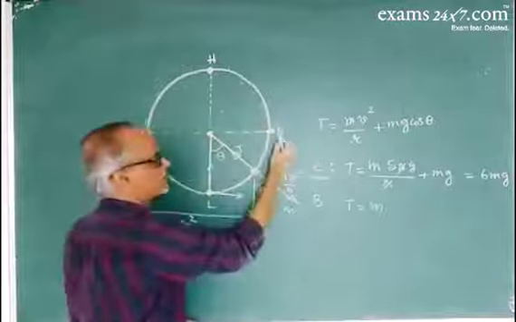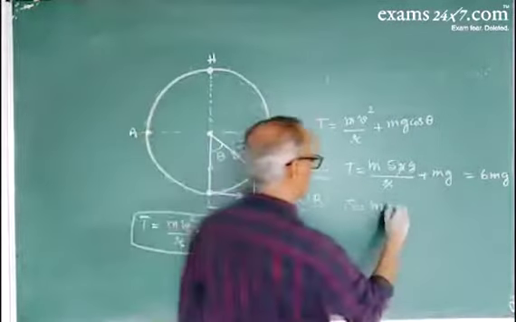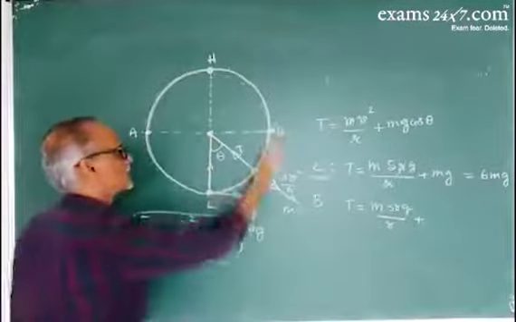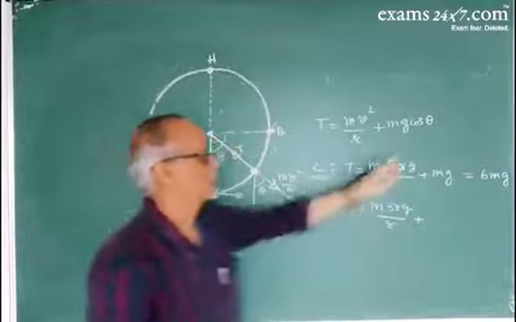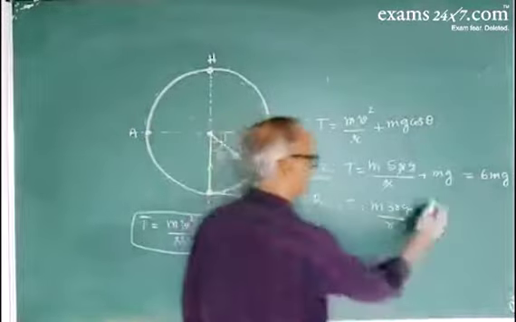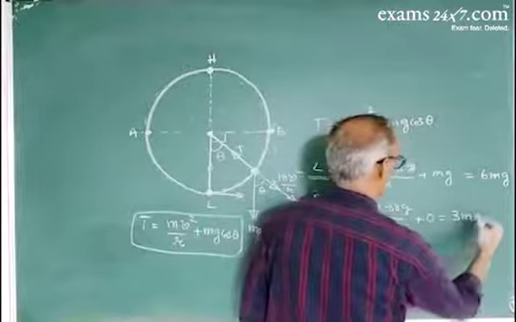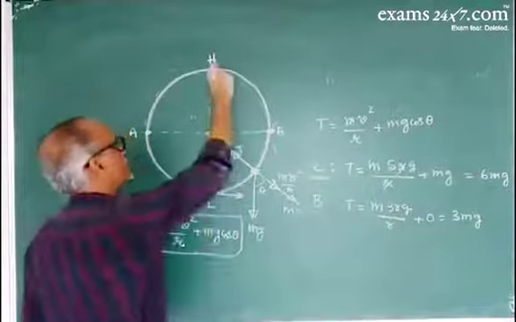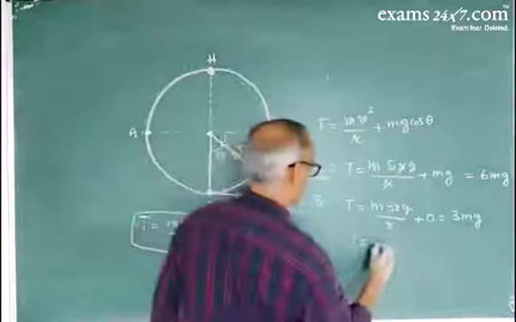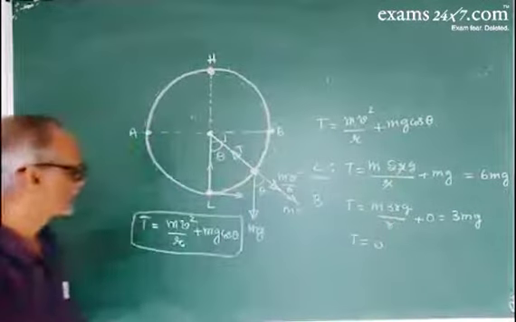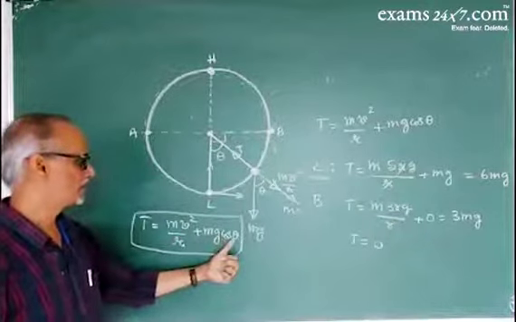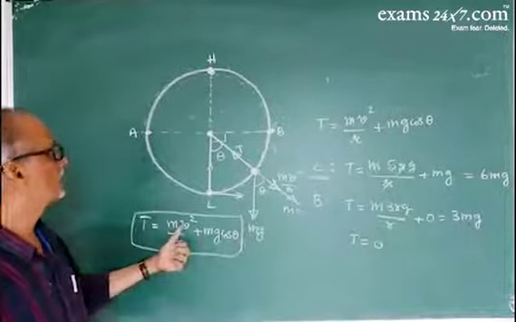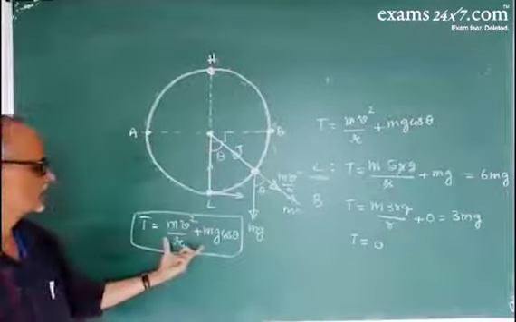The value of the velocity here is root 3rg, so that becomes 3rg by r plus, when it reaches the position B, the angle is 90, cos 90 is 0, so therefore this term becomes 0 and the tension becomes 3mg. And finally, when the particle reaches the highest point here, the tension becomes 0. Which we can calculate using this. Cos 180 is minus 1, and you'll get minus mg, and then the value of v is root rg, and on substituting here, the T becomes 0.